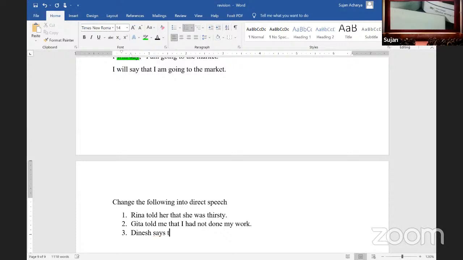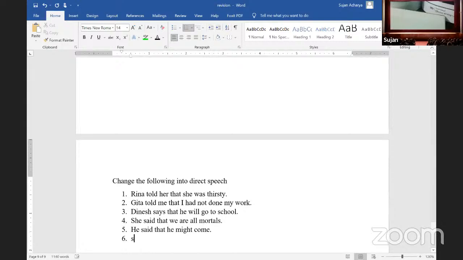Next, Ines says that he will go to school. Next, she said that we are all mortals. Next, he said that he might come. Next, she asked me whether I played cricket.